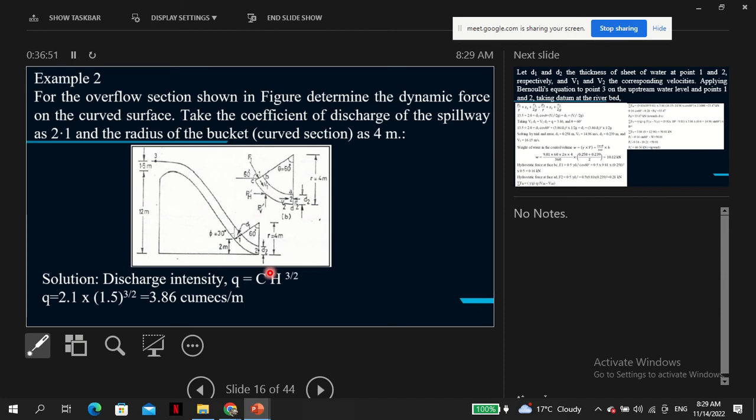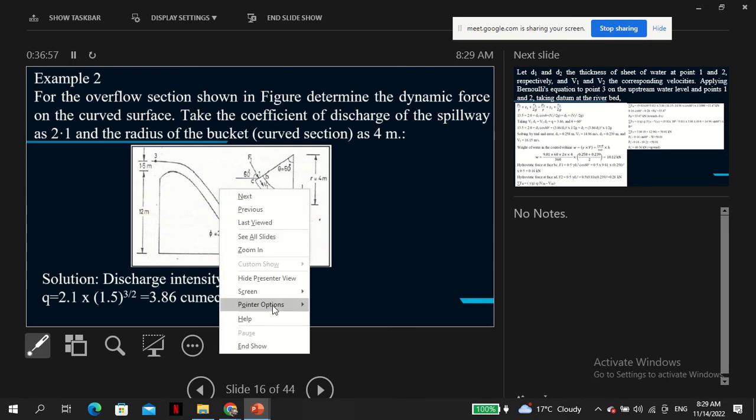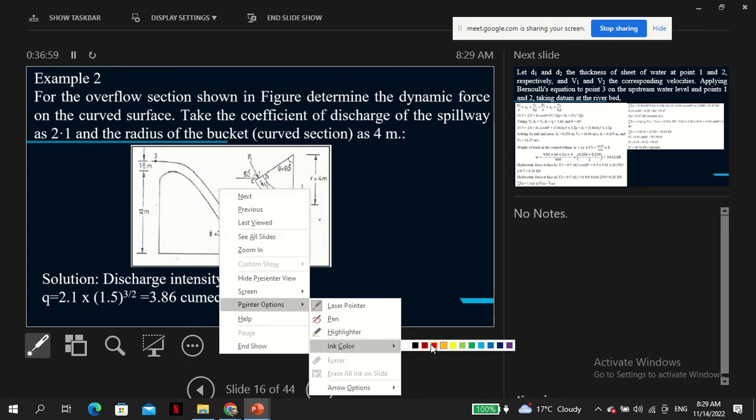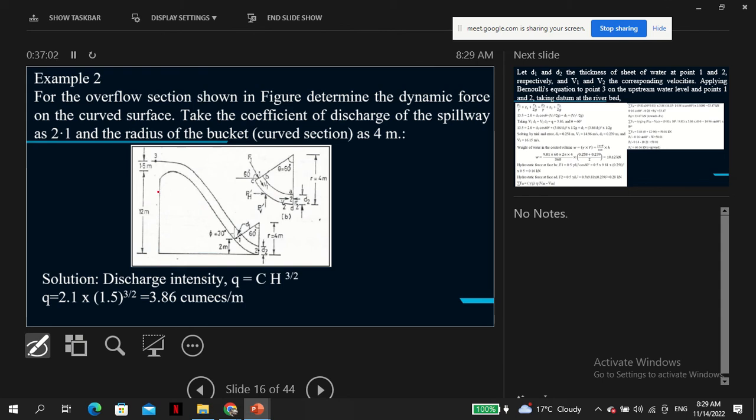Of course, per meter, because you remember we said we are doing this per unit meter. So this is x, y, and in the z direction that is 1 meter. That's the reason for this.